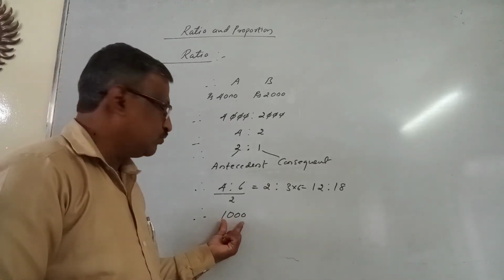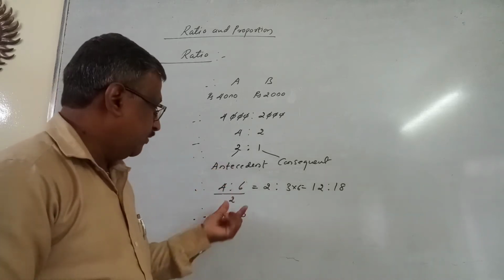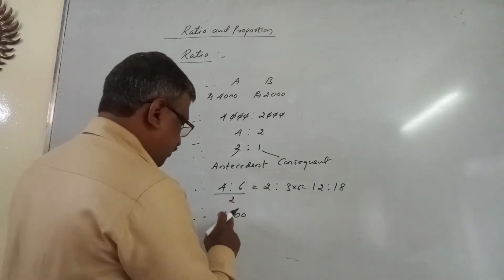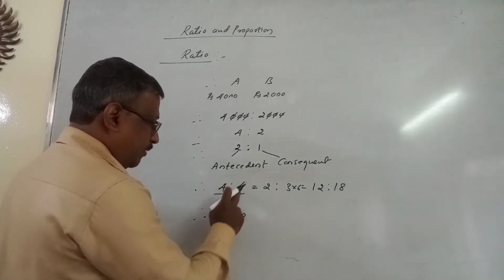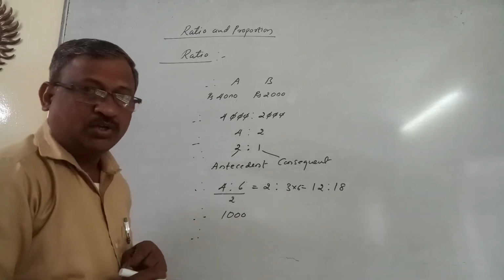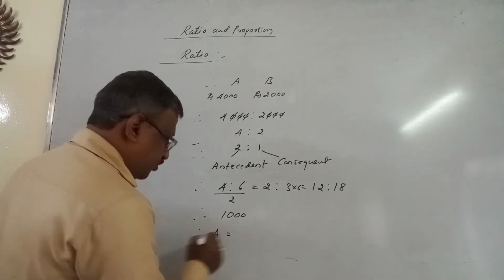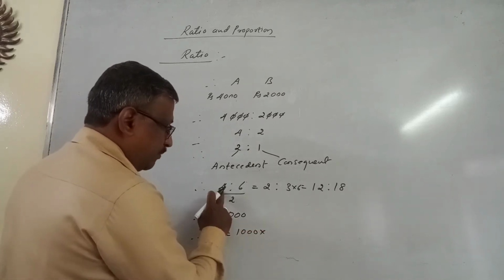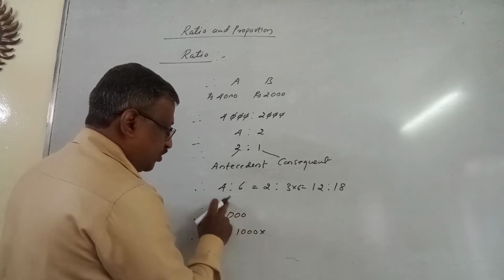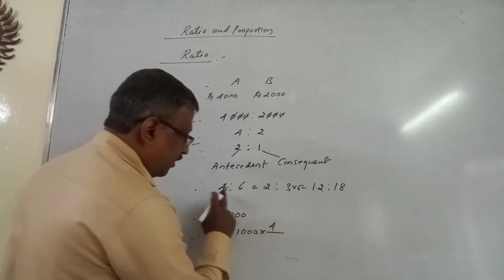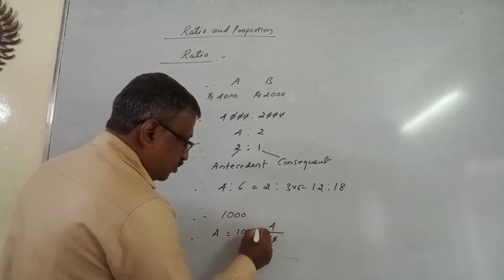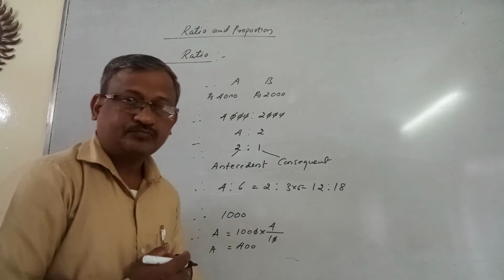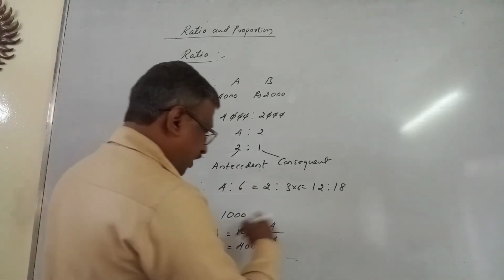I want to distribute this 1000 rupees profit between A and B in the ratio 4:6. How do you find A's share? You take this profit 1000 rupees and multiply by A's share, which is 4 divided by the total of these two terms, 10. If you calculate this, A's share comes to rupees 400. Clear?